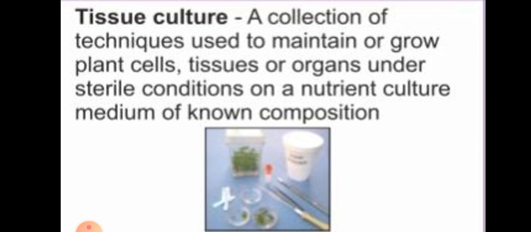The callus is placed in a different nutrient medium, where it starts developing into plantlets. These plantlets are buried in pots of soil to obtain new varieties of plants. This technique is also called micropropagation. Tissue culture is used to propagate orchids as well as chrysanthemum.